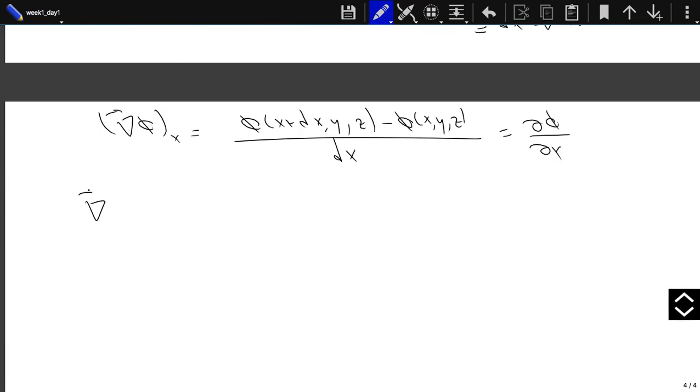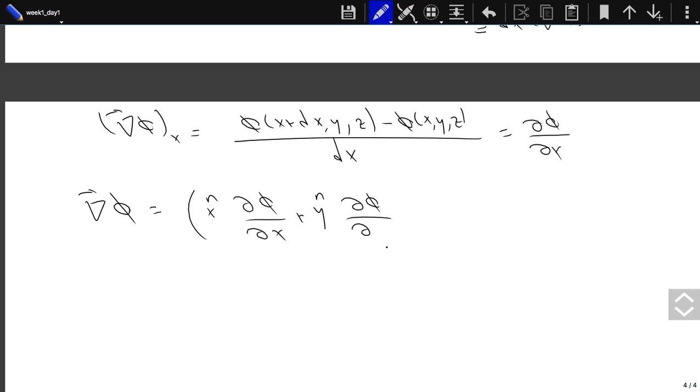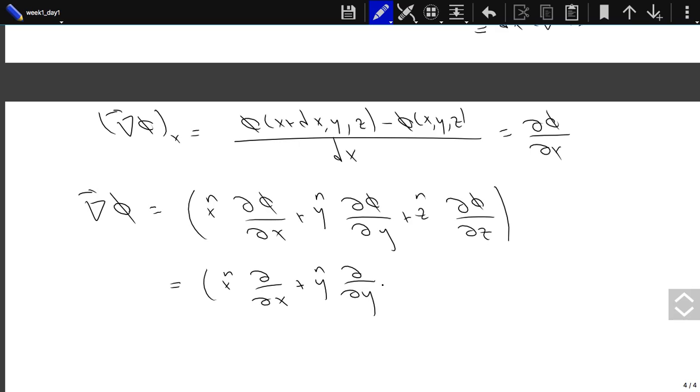Now let's look at this one again. Gradient of phi, this is equal to, let me just write it in this form, x hat del phi by del x plus y hat del phi by del y plus z hat del phi by del z. Well, let me just change it slightly. x hat del over del x plus y hat del over del y plus z hat del over del z, acting on phi.